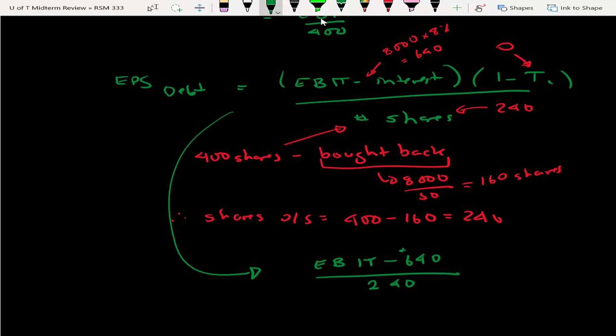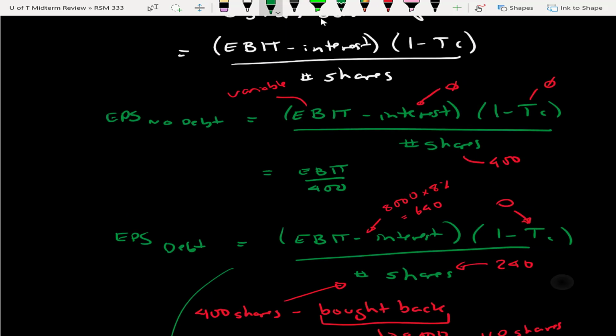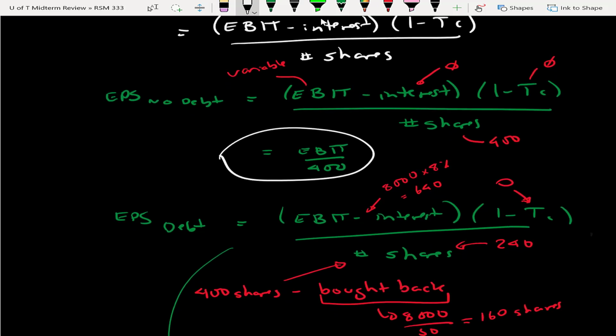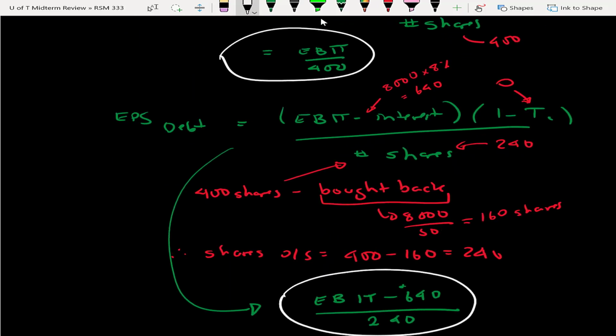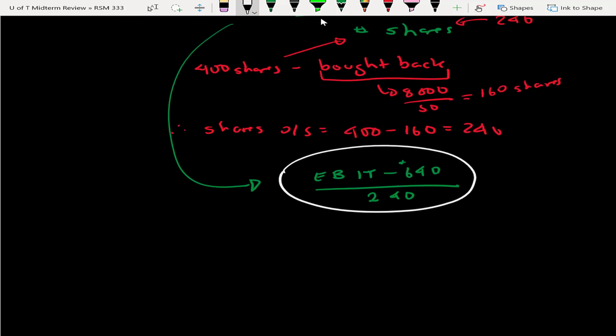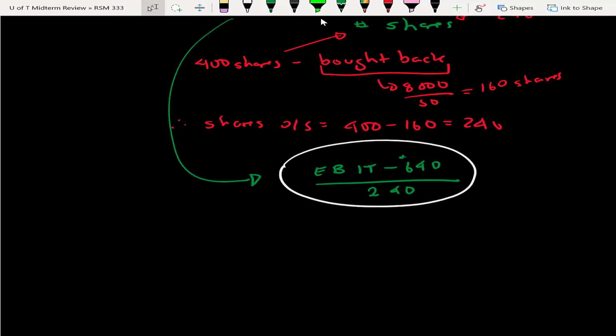And our break-even EBIT will be, so here's the first one. That's the earnings per share with no debt. And then here's the second one, the earnings per share with debt. So if I plug that in and make the two equal, I will get the following.